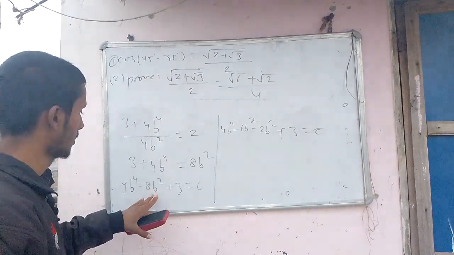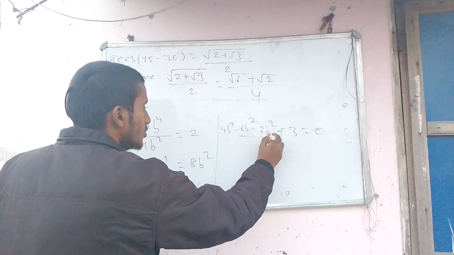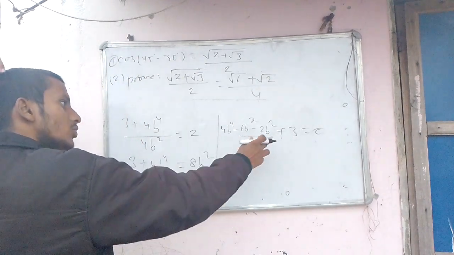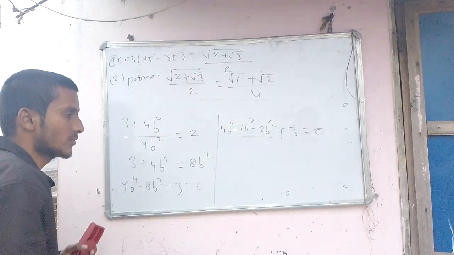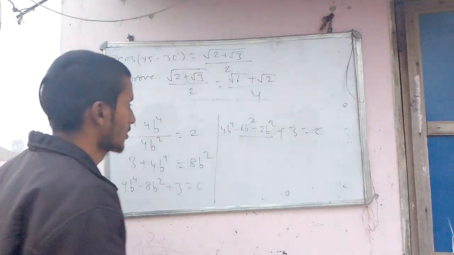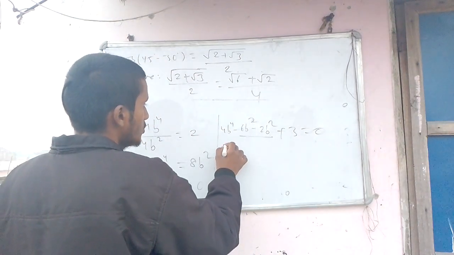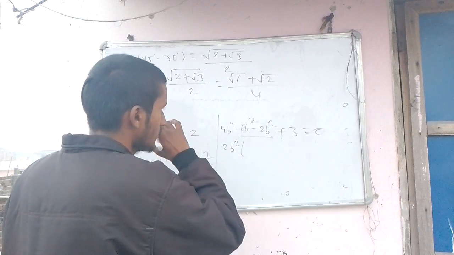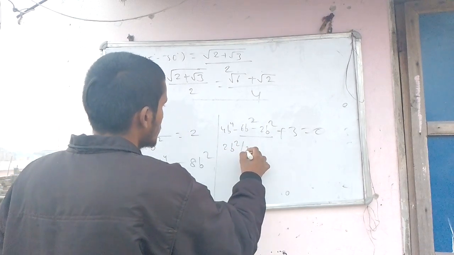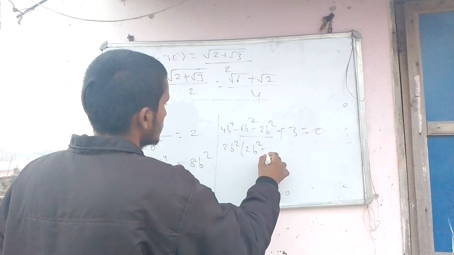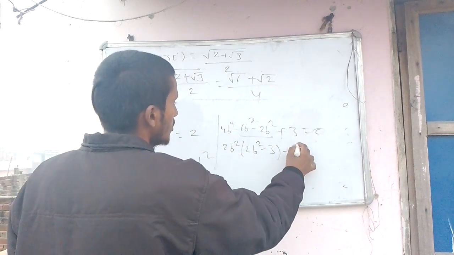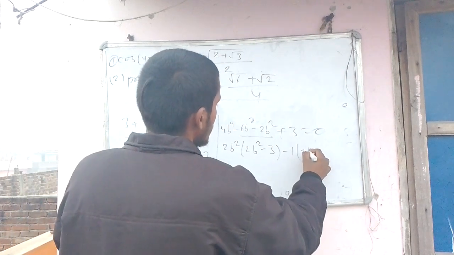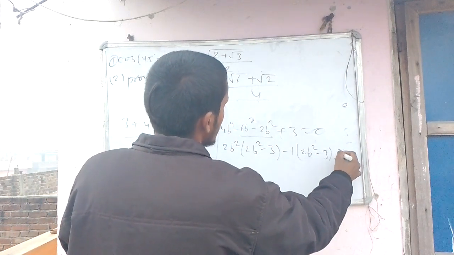By doing the operation, we have to get minus 8. We do get minus 8. By multiplying this, we have to get positive 12. We do get positive 12. So this is it. Now let's take 2b squared common here. So it will be 2b squared minus 3, minus, let's have one common, so it will be 2b squared minus 3 is equal to 0.